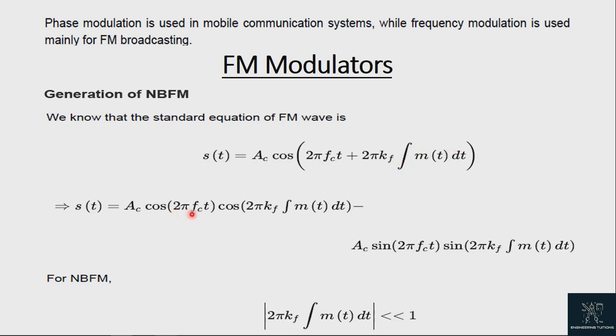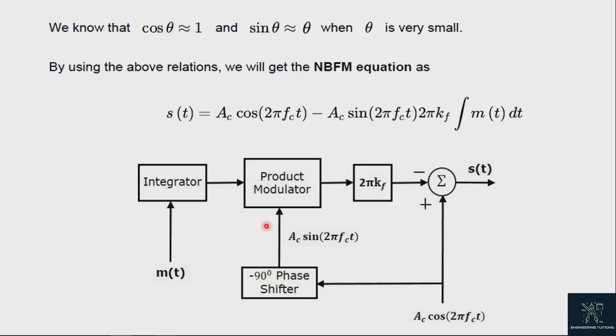So s(t) equals Ac cos 2 pi fc t into cos(2 pi kf integration of the message signal with respect to time) minus Ac sin 2 pi fc t into sin(2 pi kf integration of the message signal with respect to time). For narrowband FM, the modulus of 2 pi kf times the integration of the message signal with respect to time is very less than 1.